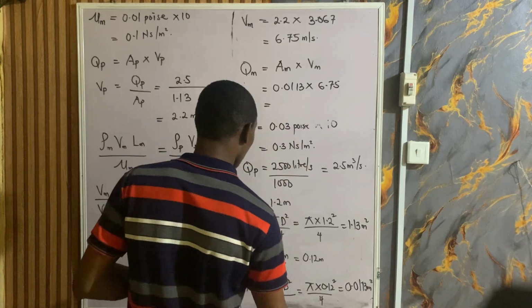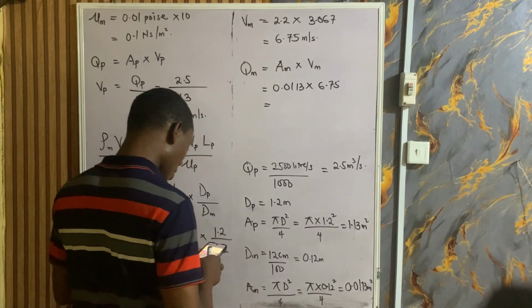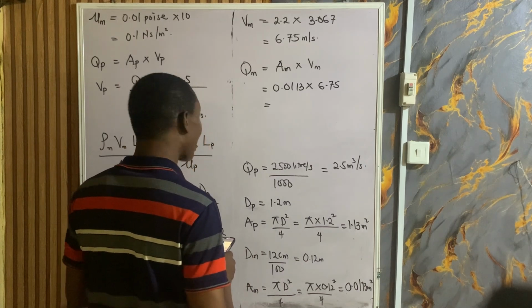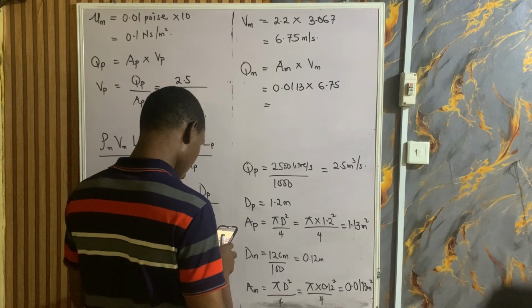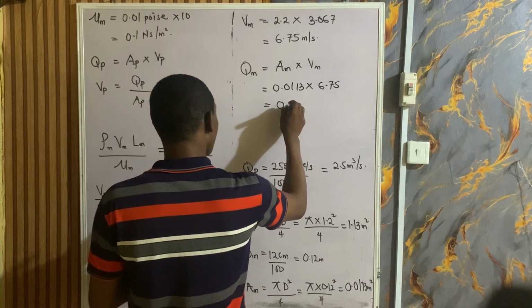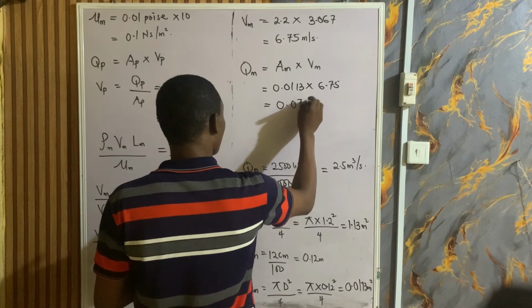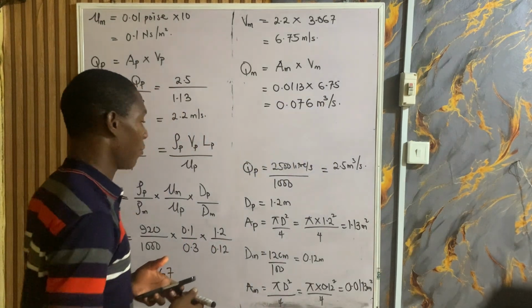So our answer here would be 0.0113 multiplied by 6.75. This is 0.076 meter cube per second. So that's all for this question.